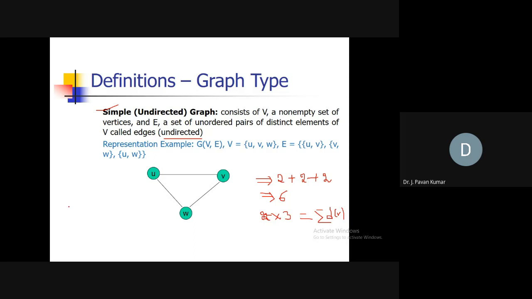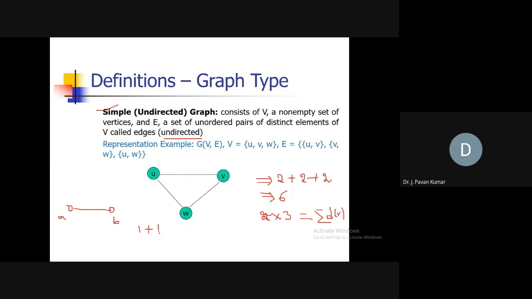If you consider a simple graph, we have A and B as two vertices. Now how many edges do we have? 1, sir. What's the degree of A? 1. What's the degree of B? 1.